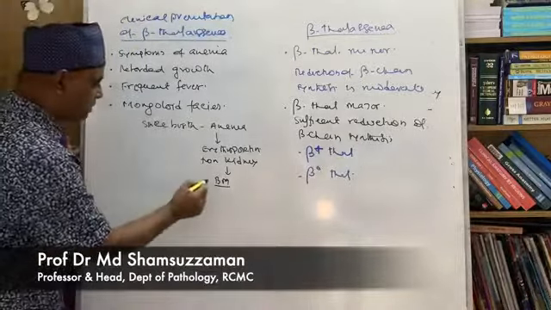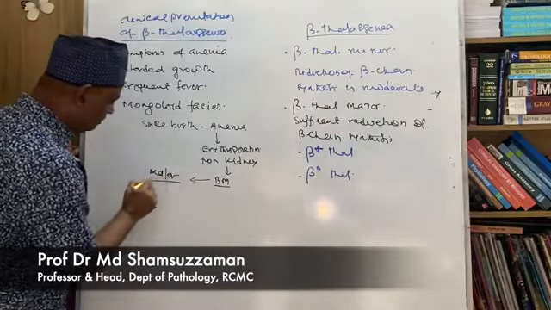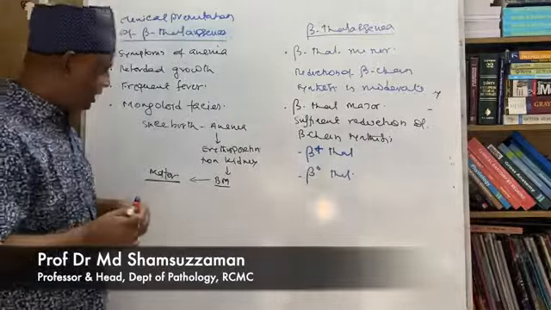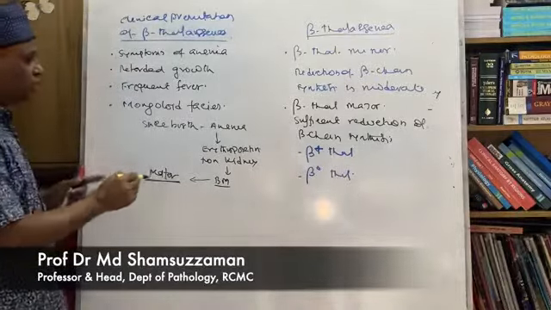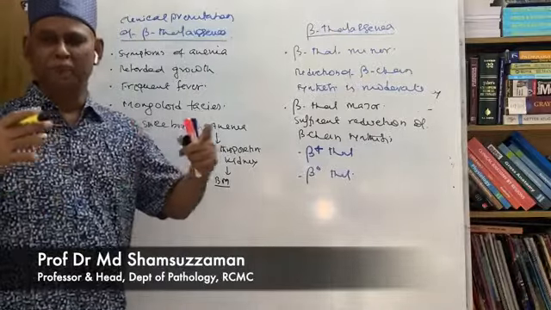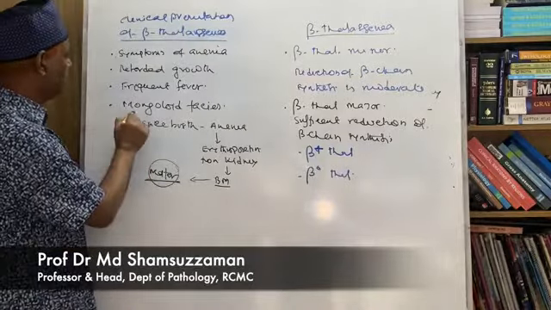As bone marrow hyperplasia occurs in the malar bones, there will be mongoloid facies. Due to hyperplasia, the marrow in the malar bones expands. Due to expansion of the malar bones, there will be development of mongoloid facies.